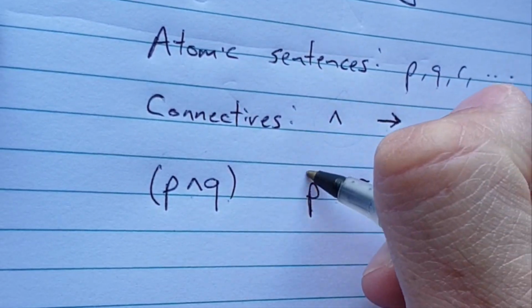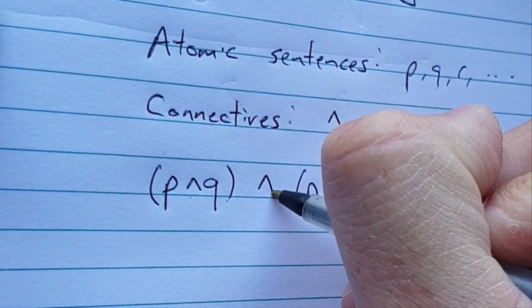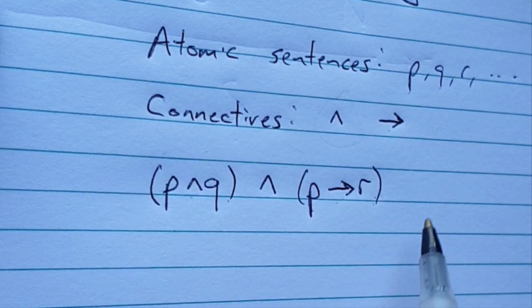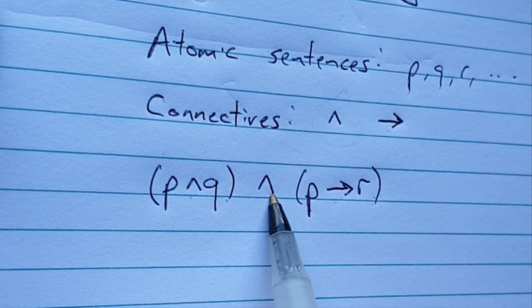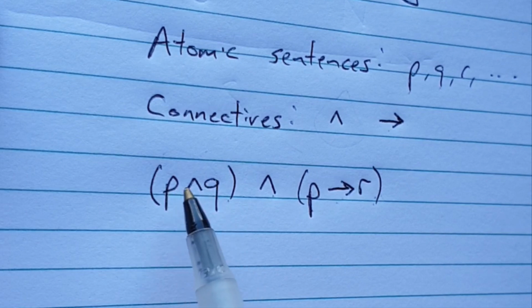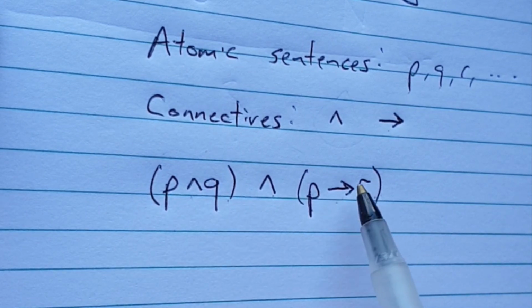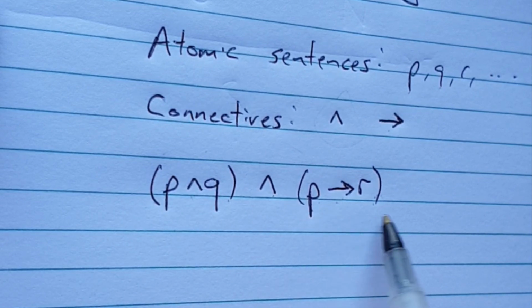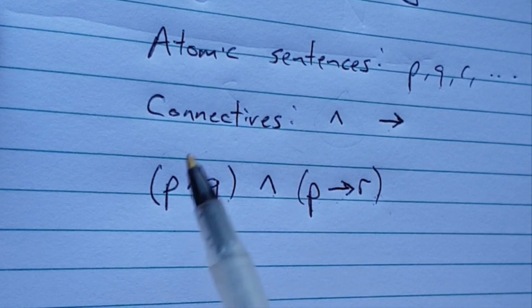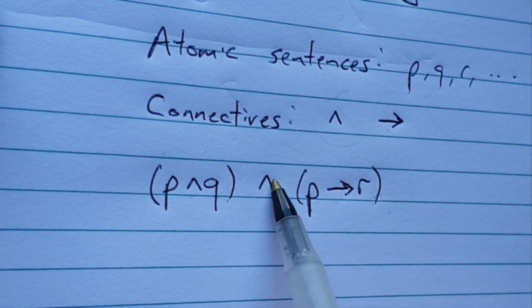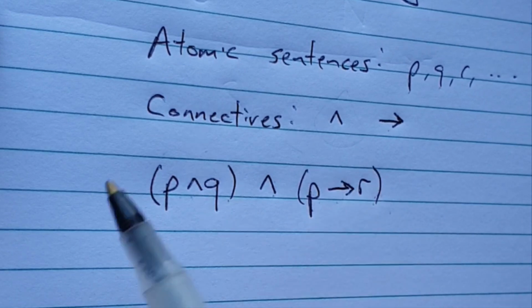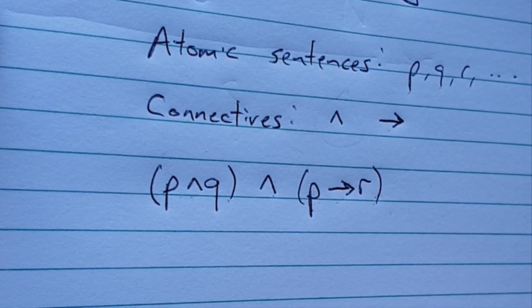So, for example, this whole thing is now a sentence, right? It's a conjunction. It's the conjunction of P with Q and the implication from P to R, or you might pronounce it P and Q and P implies R, or you might call it the conjunction of P and Q with P implies R. There are a lot of different ways to pronounce this sort of stuff.